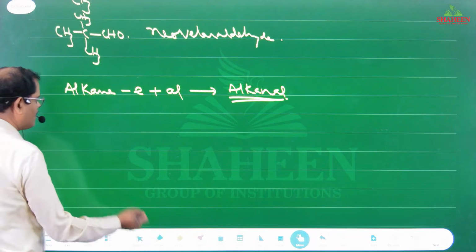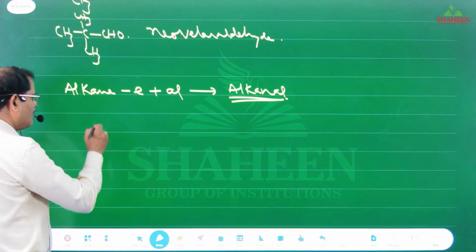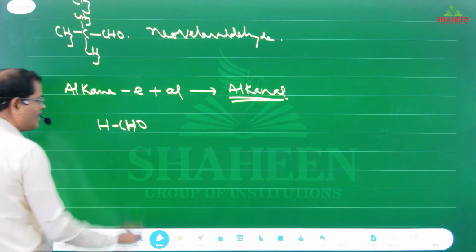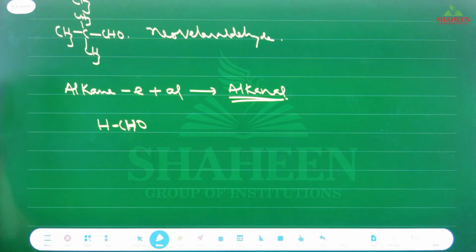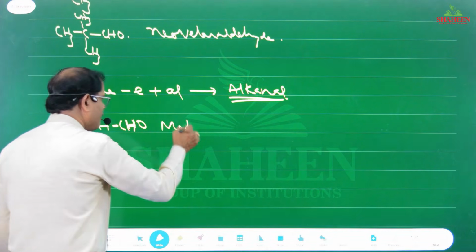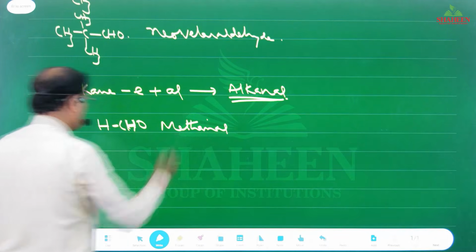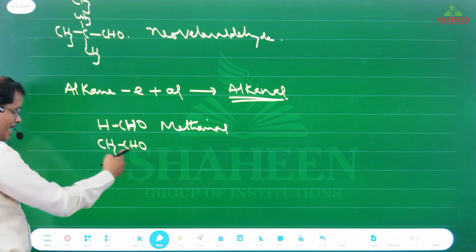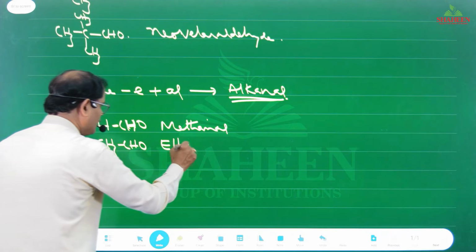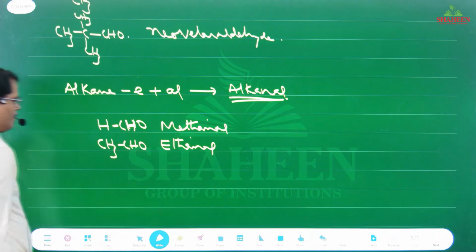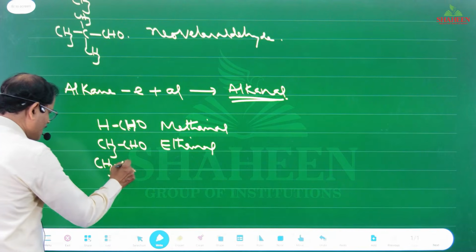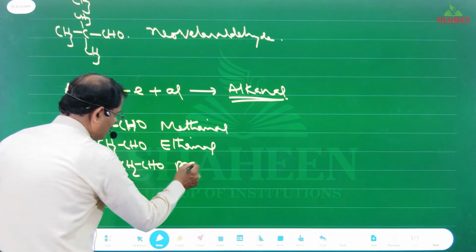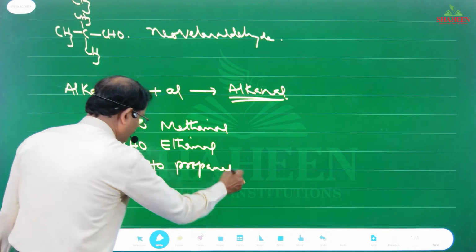Ethane becomes ethanal. So here HCHO, one carbon atom, the alkane with one carbon atom is methane. That's why this is methanal. And acetaldehyde, ethanal. And the aldehyde with three carbon atoms, propanal.